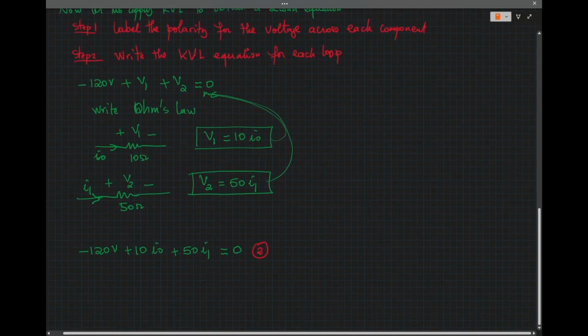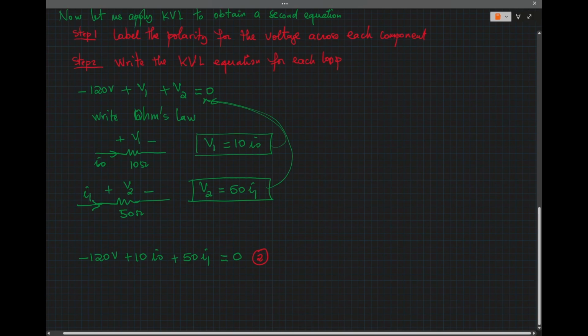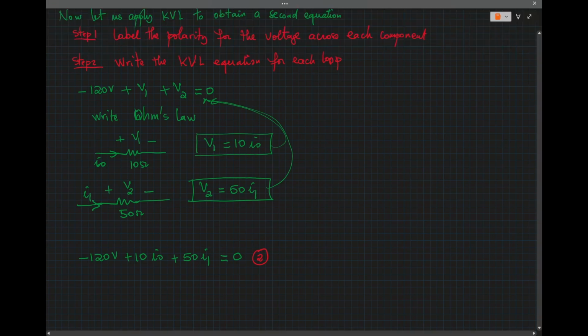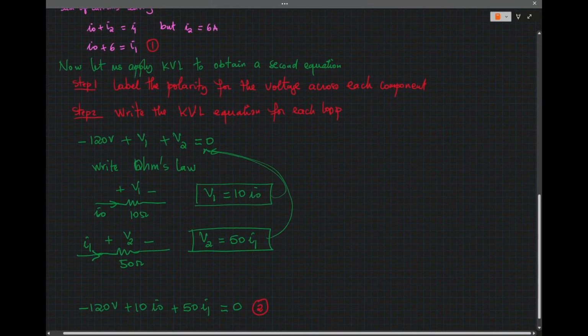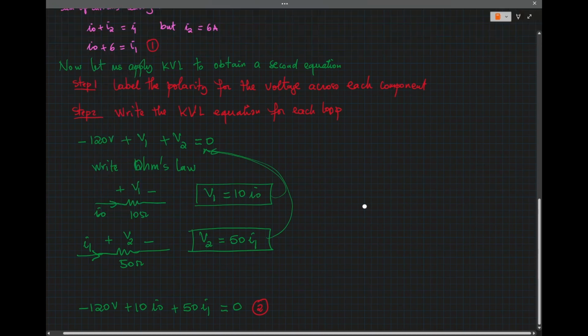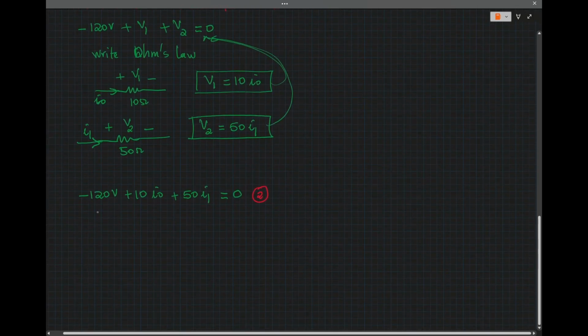Okay, so together we have I0 plus 6 equal to I1. So that's equation number 1.